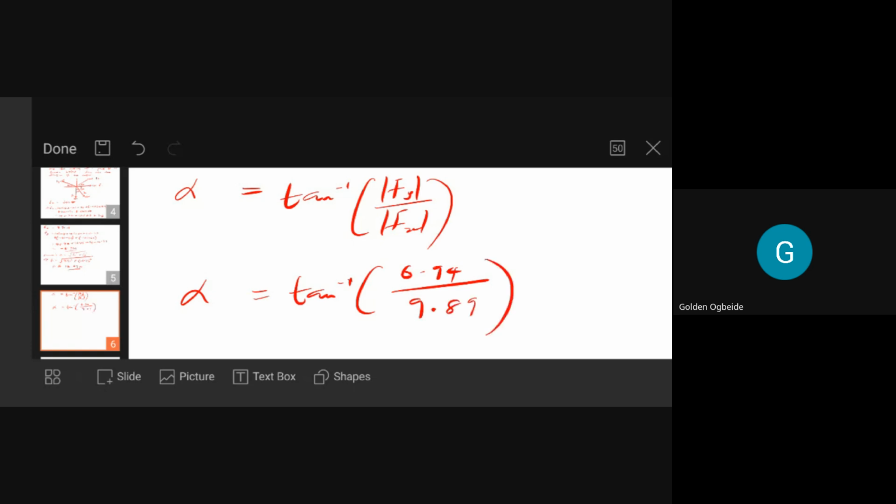So please help me check what is the tan inverse of that fraction. Oh my God, terrible. So what is the absolute value? The tan inverse of 6.94 divided by 9.89.